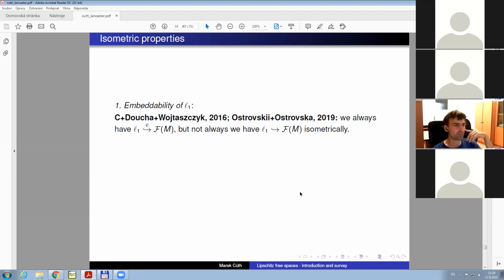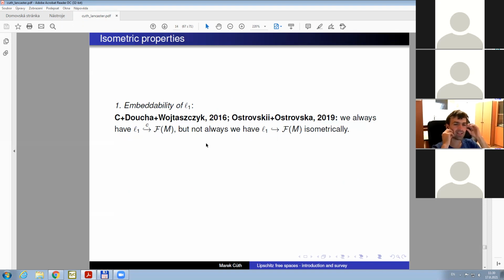And concerning isometric properties, I'll very briefly comment on several areas. The first one is embeddability of L1. We nowadays know that Lipschitz-free spaces have some very nice properties of little L1, or maybe of capital L1, or maybe of preduals of von Neumann algebras.